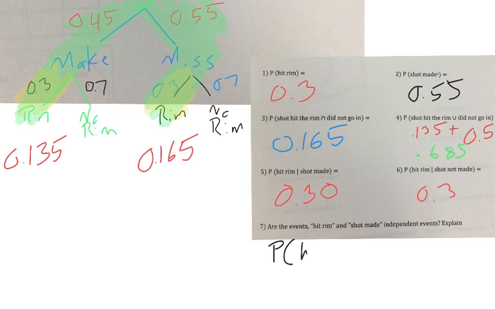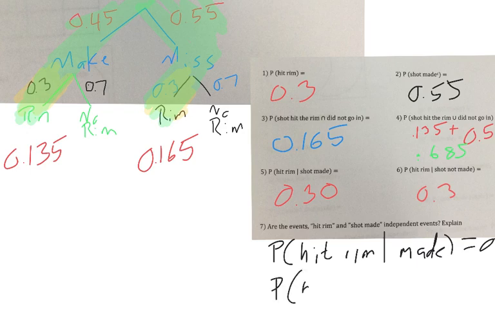Because the probability of hitting the rim, given they made the shot, was 30%, and the probability that they hit the rim, given they had the complement of making the shot, was also 30%. Because those match, they are independent.